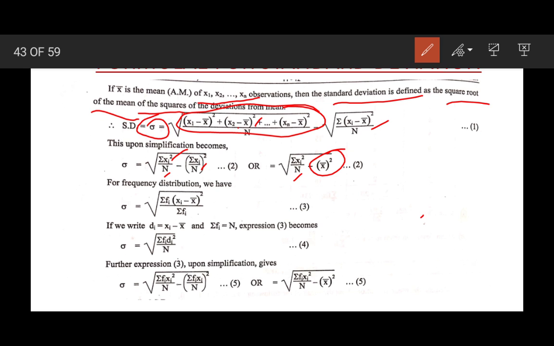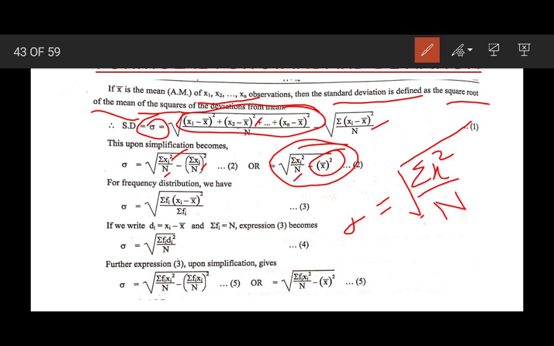Mostly for simple calculation we use this form: sigma is equal to under root of summation x square upon n minus x bar whole square, for ungrouped data.